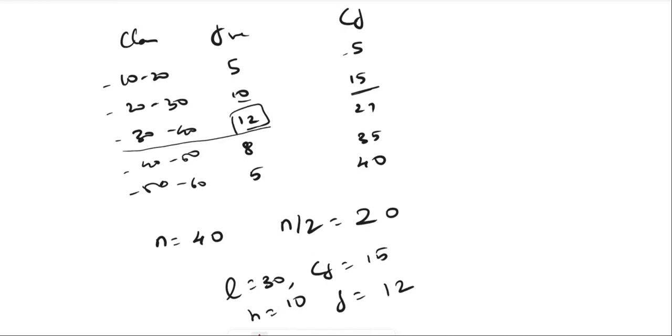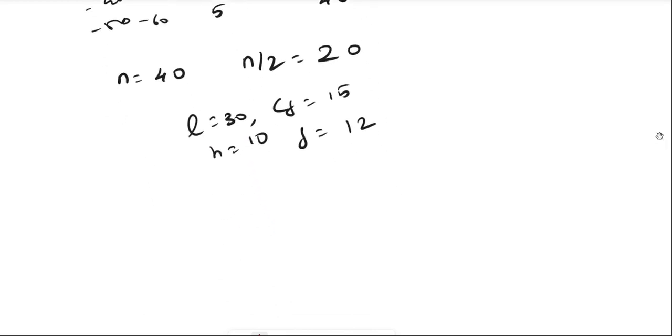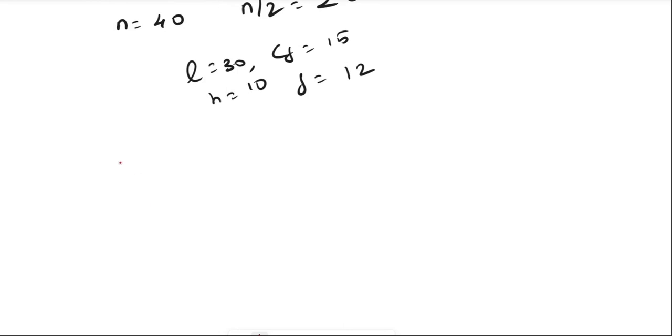With this, let me calculate using the formula: n by 2 minus cumulative frequency, by frequency, times h. Let me apply it here to identify the median.